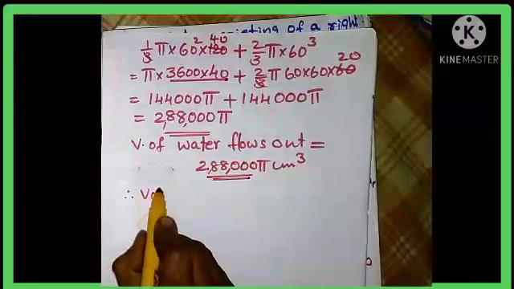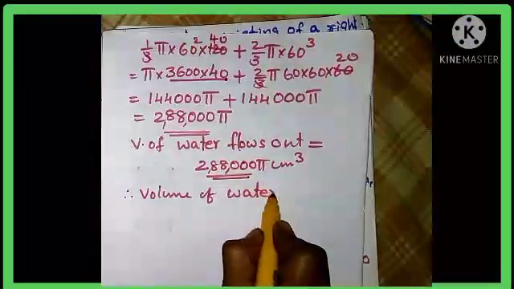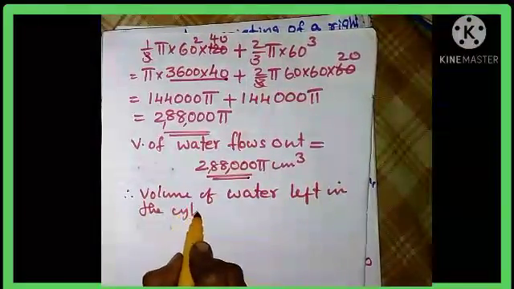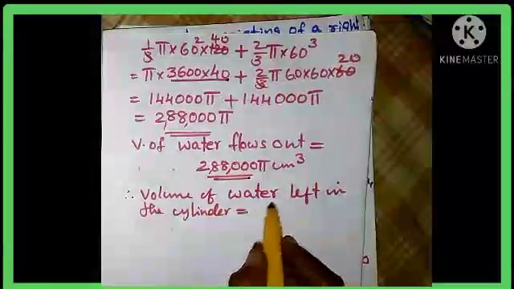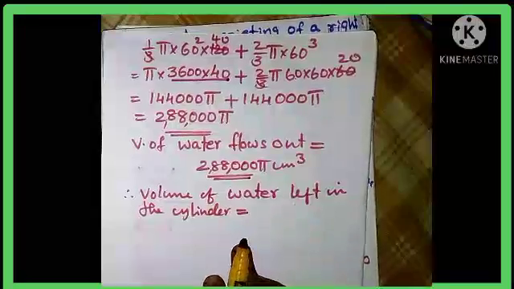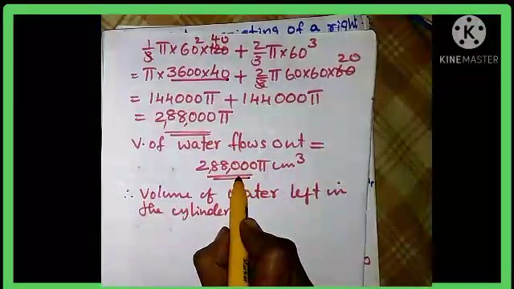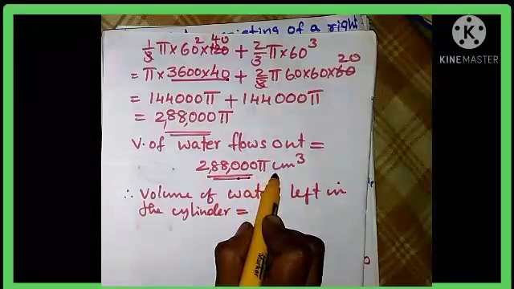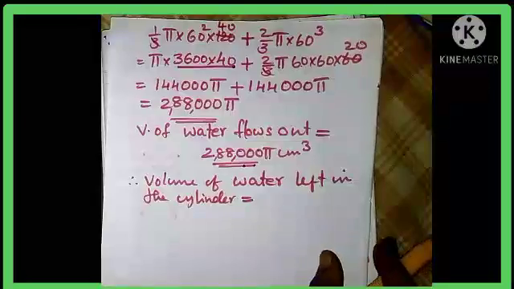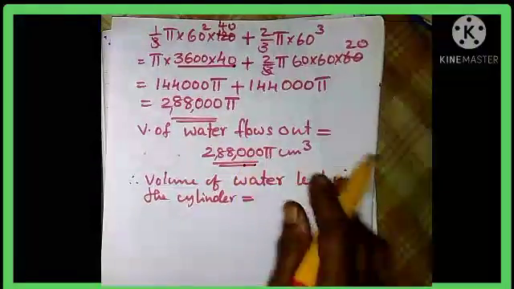Therefore, the volume of water left in the cylinder is the total volume of water minus the volume of water that flows out.